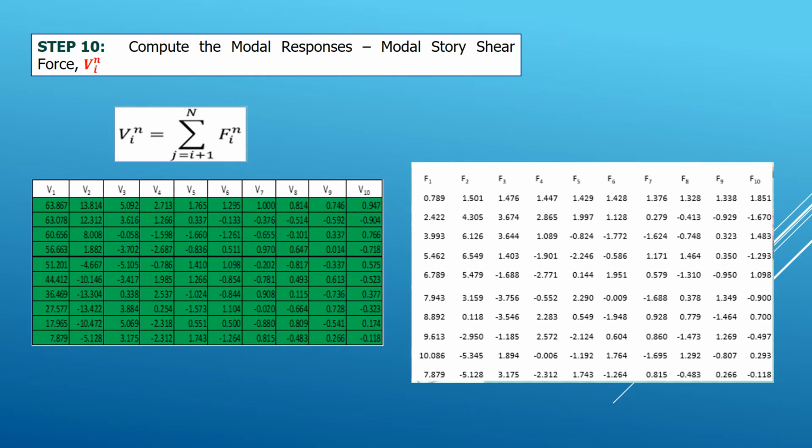Then, i-add the second bottom of F1 as the result para sa second to the last row of V1. Continue the process hanggang sa mode 10.